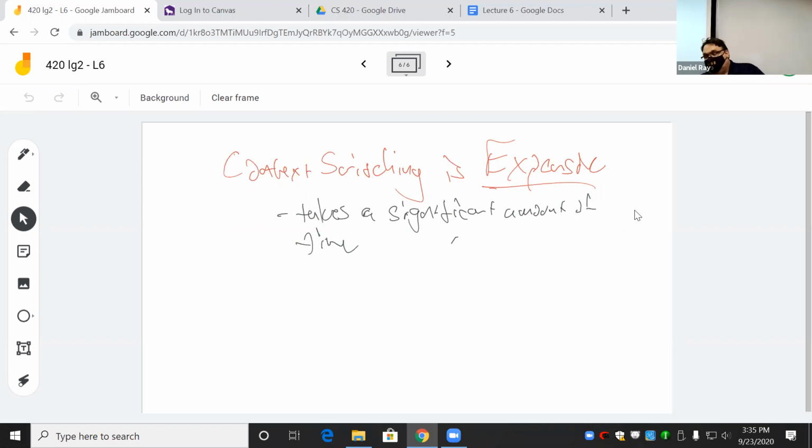I've waved my hand at it a little bit and said, well, context switching is when we take one process off the processor and we put another process on. But what that means precisely is stop executing the current process's code.